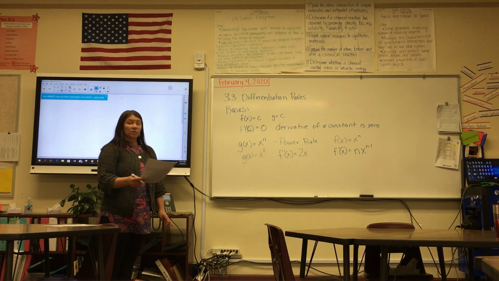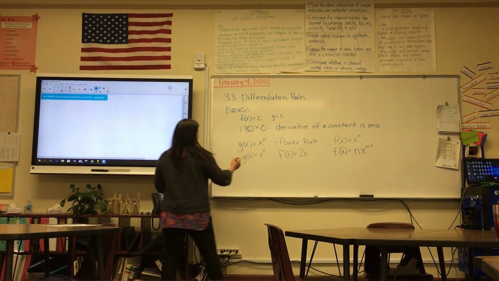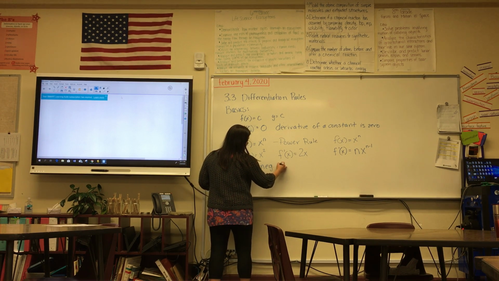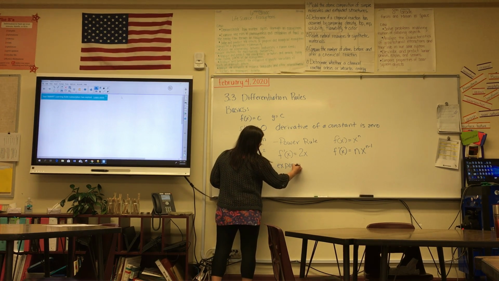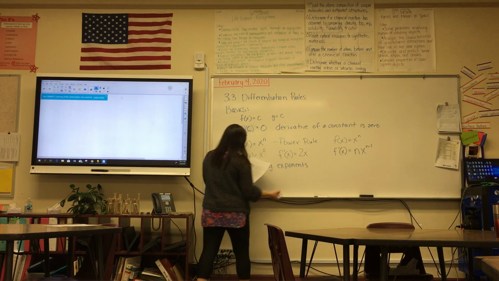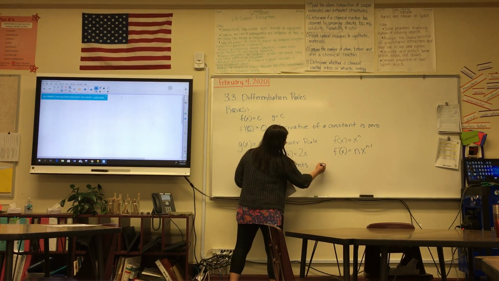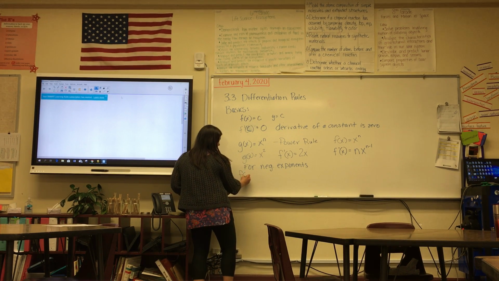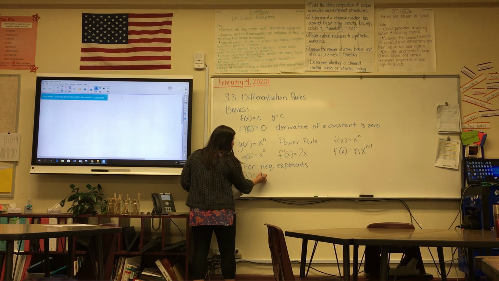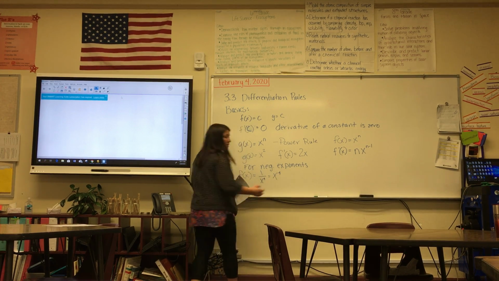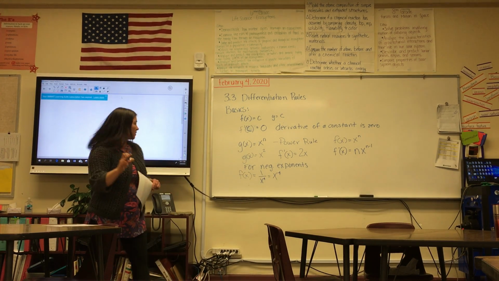The power rule works for negative exponents as well. If I have f of x equals 1 over x to the 4th, that is x to the negative 4. Just remember that little conversion.